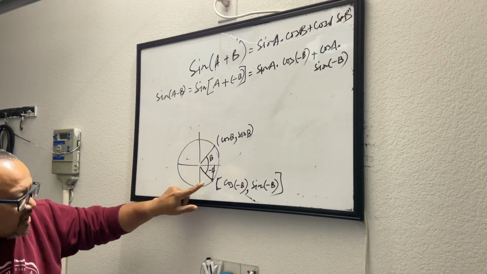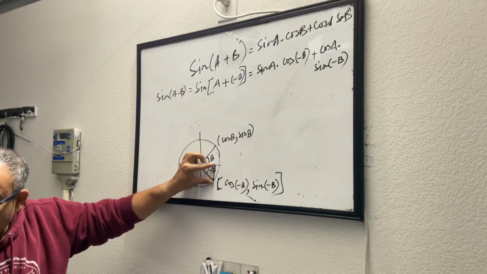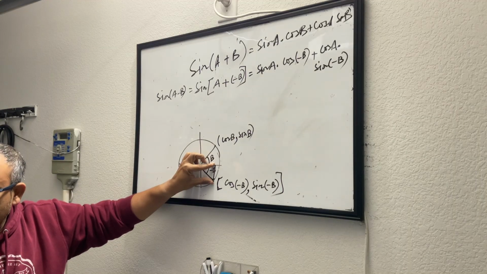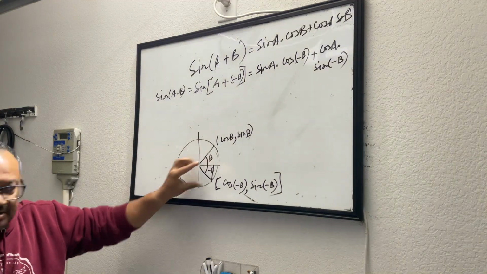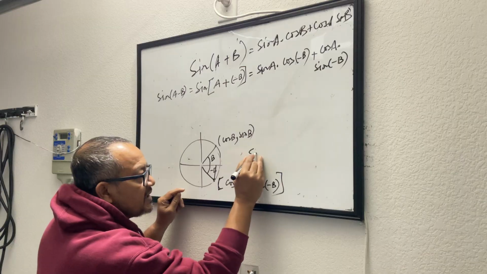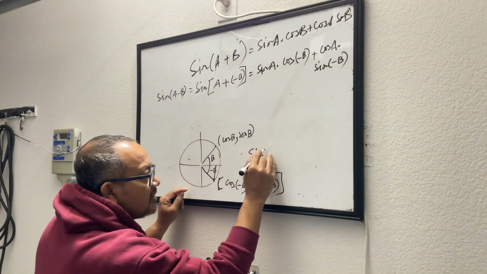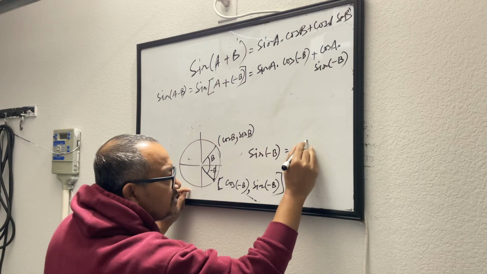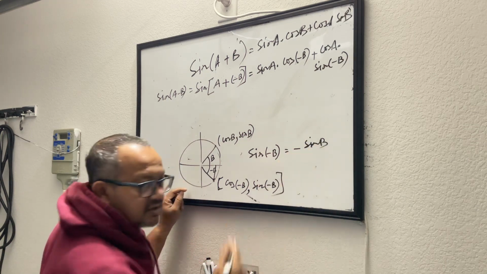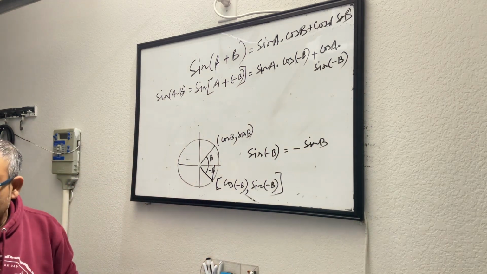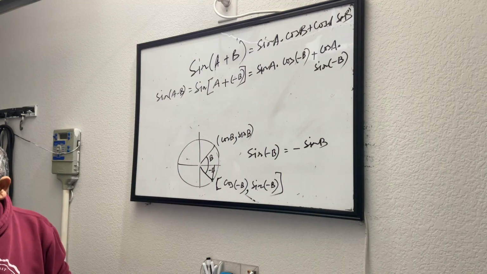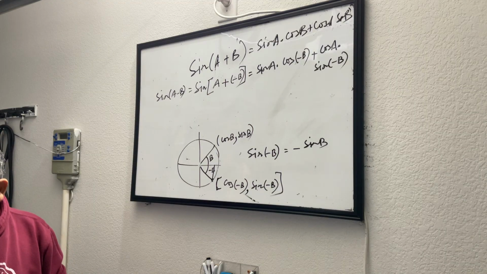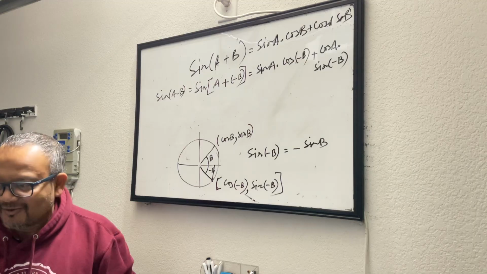When I am talking about angle minus B, my y coordinate became negative. Sure? That means I can say sine of minus B is equal to minus sine of B. Is that okay? Arush, I'm not forcing you to believe this, right? You agree? Okay. Alright.